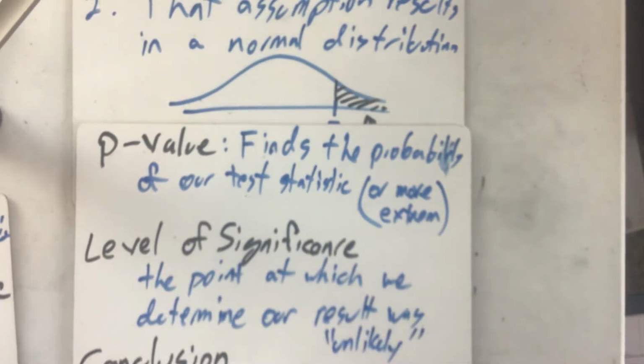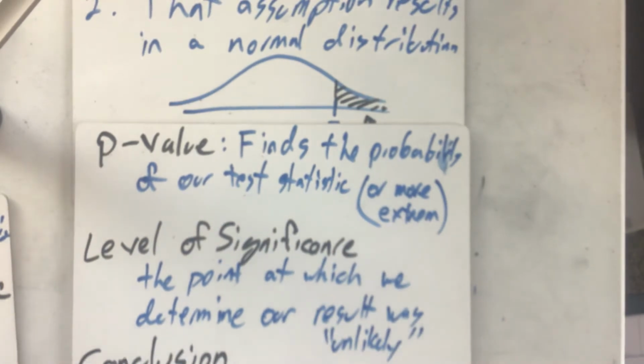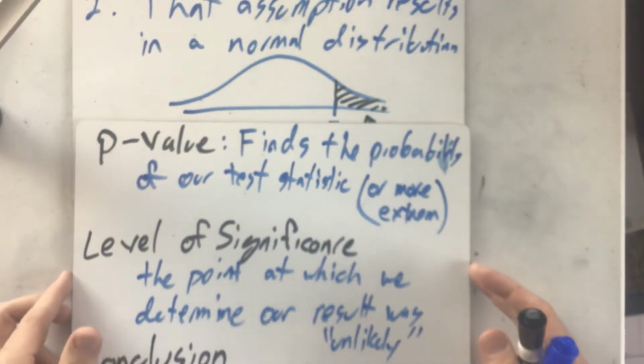It's traditional to use 0.05 or 5% as a level of significance, and that if something with less than a 5% chance of happening occurs, then we kind of say, okay, that was pretty unlikely. It's a pretty unlikely point. But notice this is an arbitrary thing. There's not a science to figuring out this number. It just kind of depends upon your tolerance and your problem.